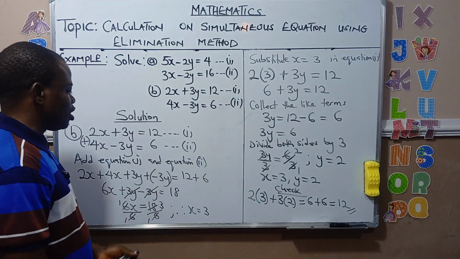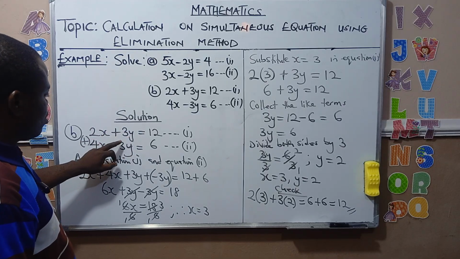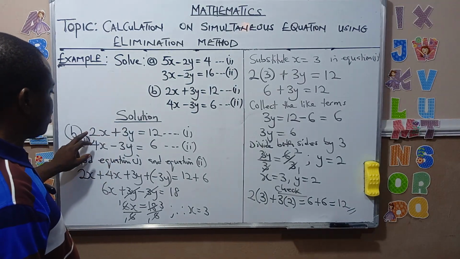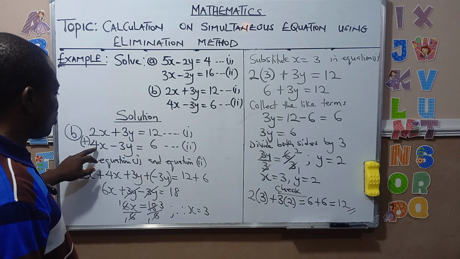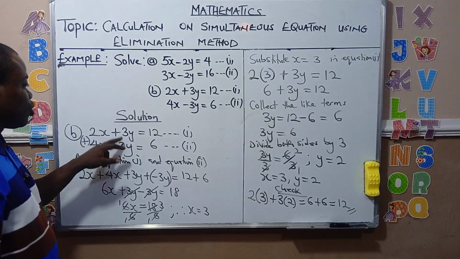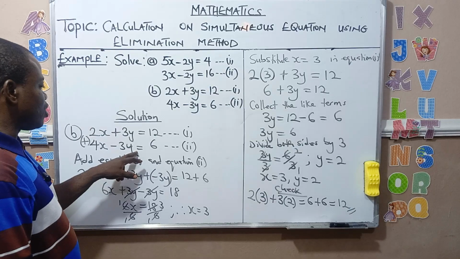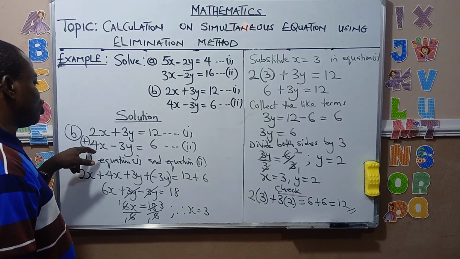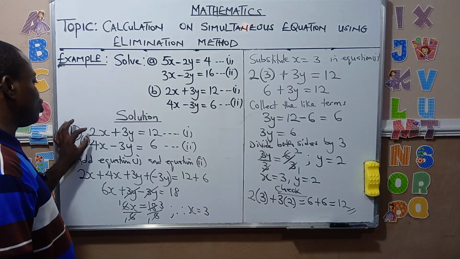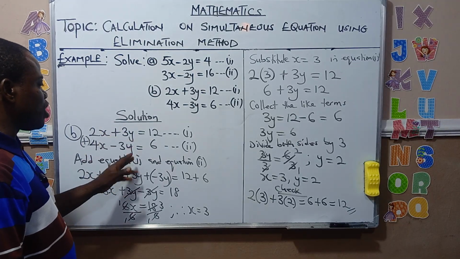This is how to carry out the elimination method. Try to eliminate x or y. Since you already have the same number in the equation, you don't need to multiply equation 2 by the coefficient of x or y in equation 1, and likewise, you don't need to multiply equation 1 by any of the coefficients of x or y in equation 2, in order to make the coefficients of x or y the same.